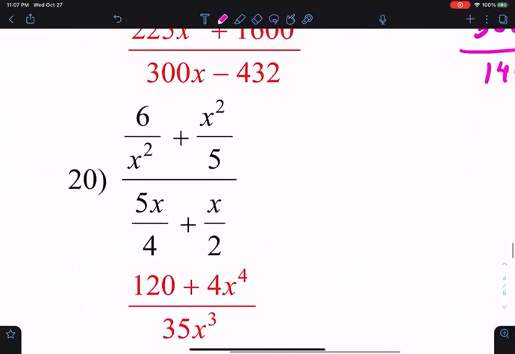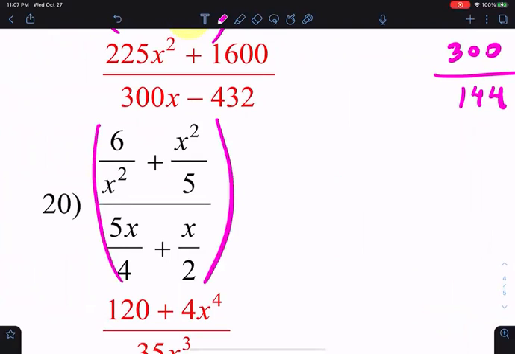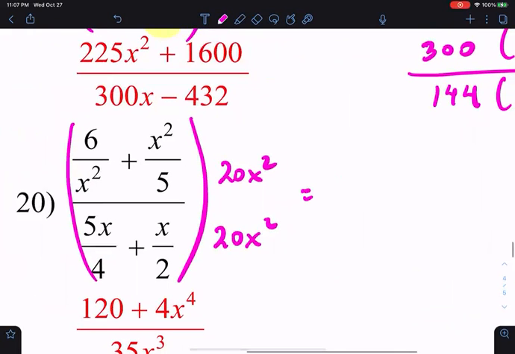let's see this one. We need to multiply here by the common denominator. So this is going to be, let's see, yeah, 20, right? 20x squared. So if you multiply that by 20, you get 120, and then you add 20 divided by 5, that's 4.